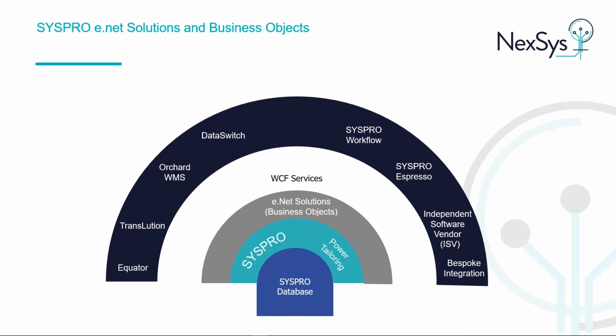So actually, we still have some of your customization from 2003 in operation with minimal changes up to the latest Syspro 8, because the business objects just have not needed changes, because the XML has stood the test of time. So yeah, we've mentioned a few of the products. There's Equator, Translution, and Data Switch. And they're just a few of the different products that we use that call our business objects.